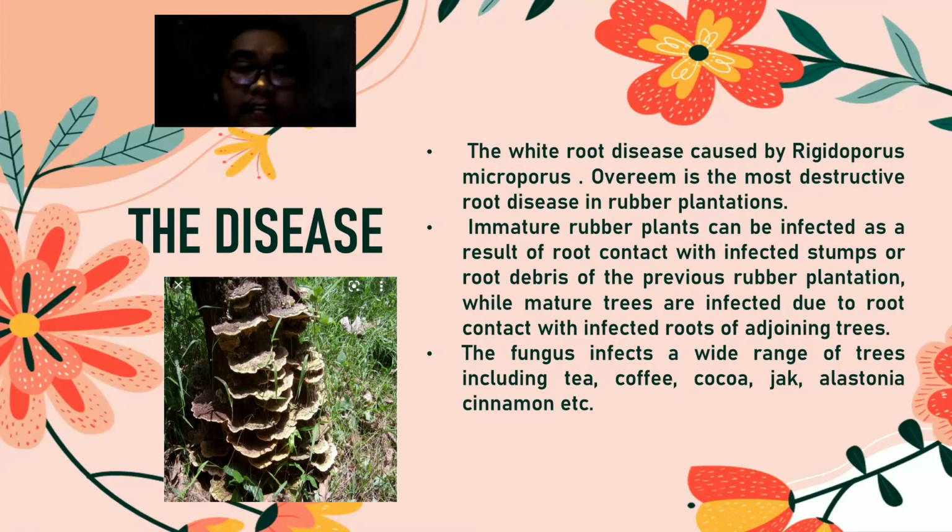White root disease, caused by Rigidoporus microporus, is overall the most destructive root disease in rubber plantations. Young rubber plants can be affected as a result of root contact with infected stumps or root tubers of the previous rubber plantation, while mature trees are infected due to root contact with infected roots of adjoining trees.